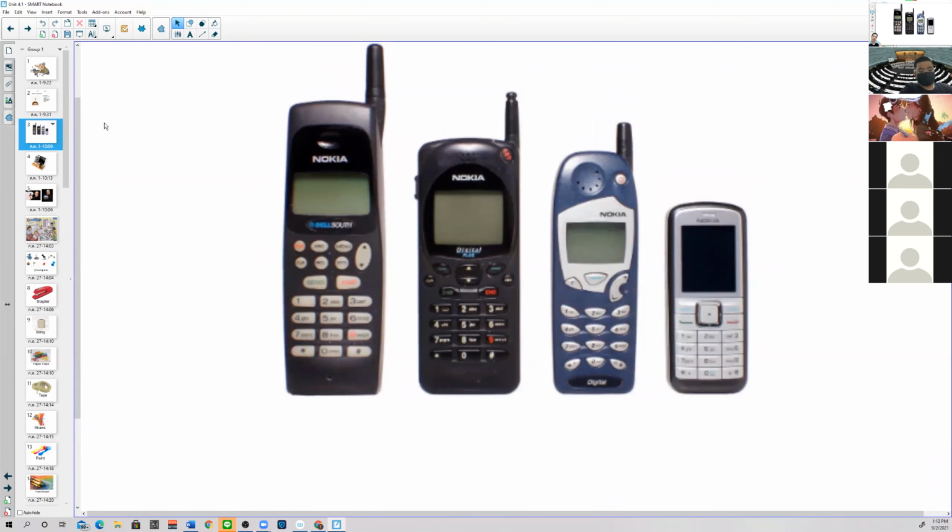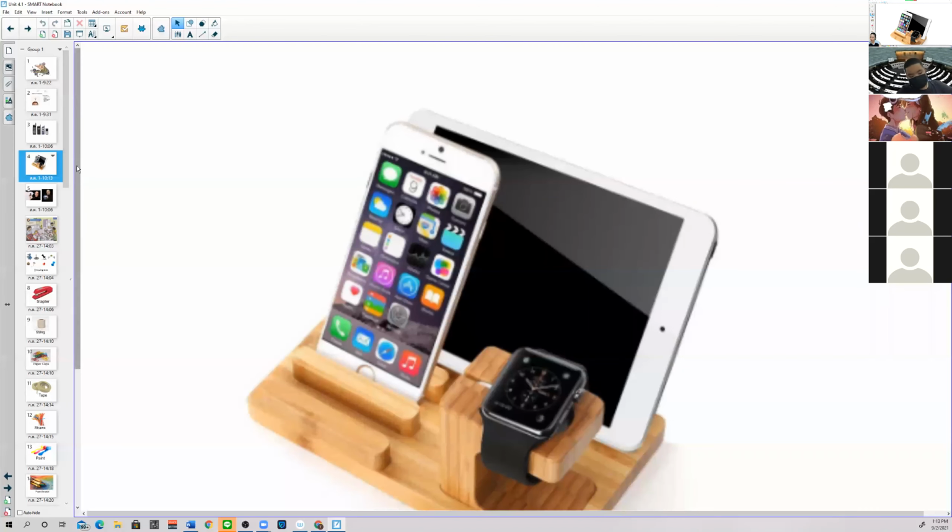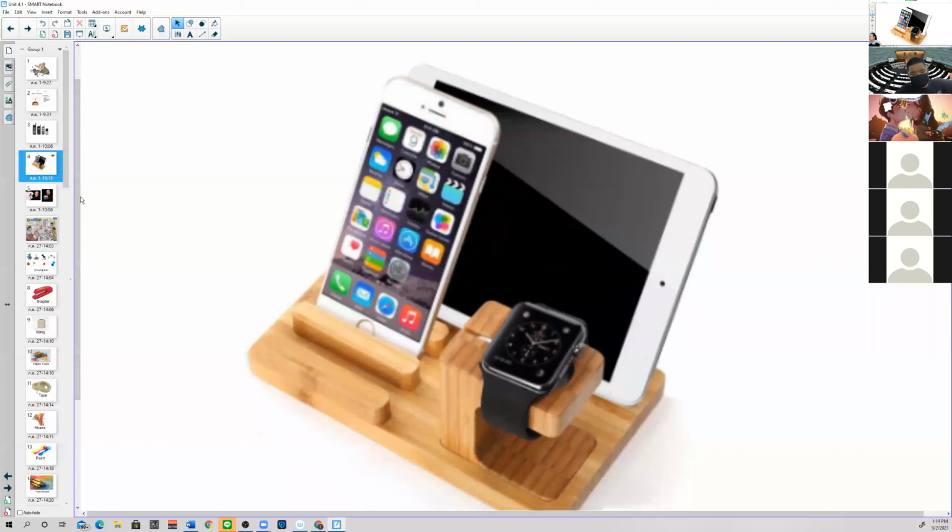However, you were born in a very good era, because you came with a smartphone. Smartphone, you all know, right? This is iPad, iPhone and stuff. You know who invented the iPhone? Do you know his name?